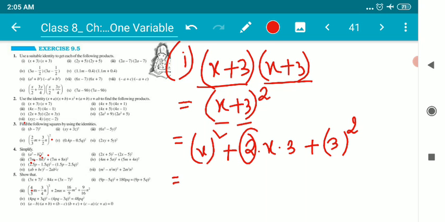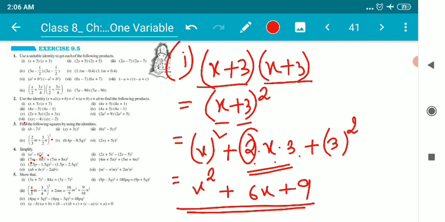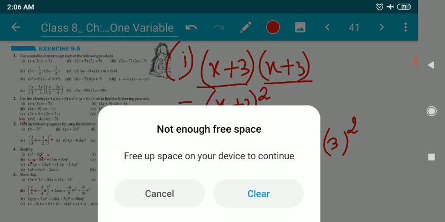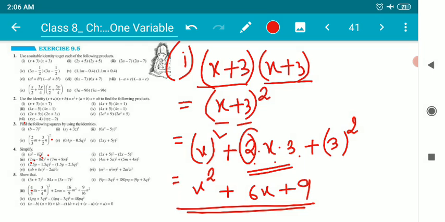So x square stays x square. There is no sign between 2, x and 3, which means product, so 2 into 3 is 6, into x is 6x, plus 3 square means 3 threes are 9. So finally I got the expression x square plus 6x plus 9.